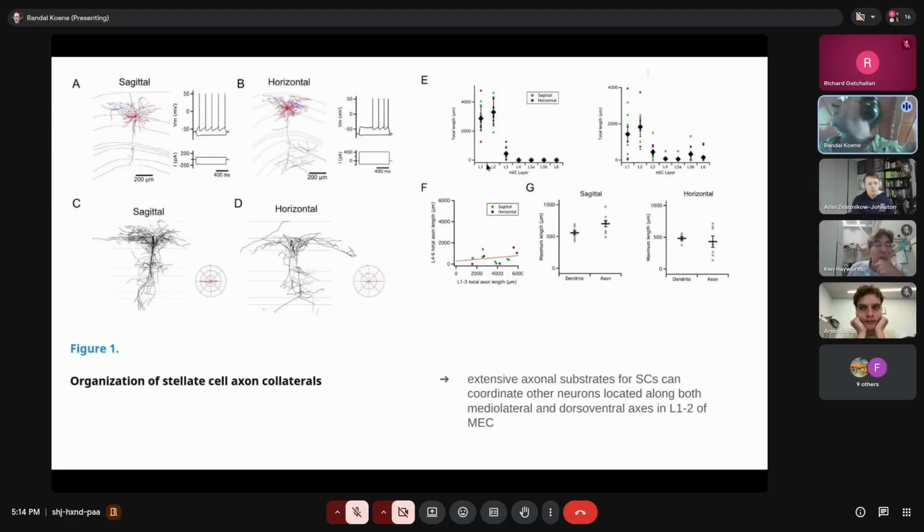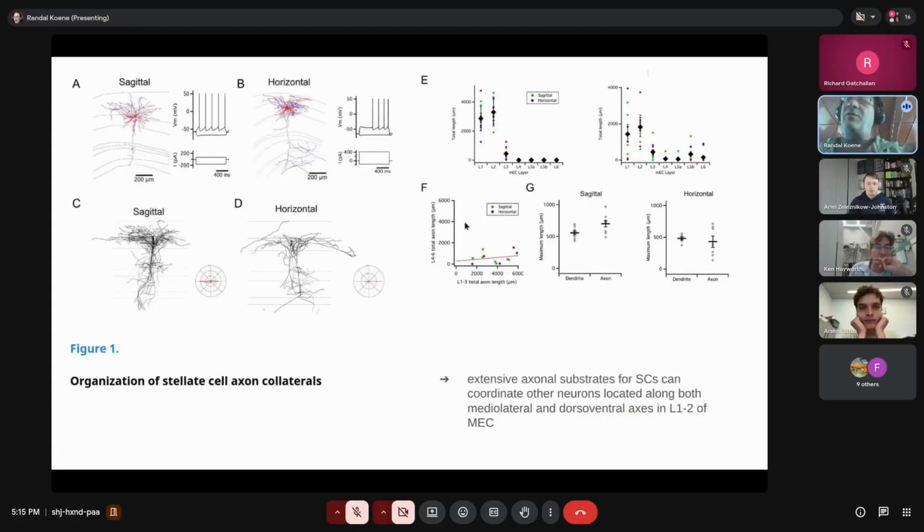In figure 1E, you've got the left and right panes here. On the left, this is the total length of axons, and on the right, total length of dendrites, and then it's plotted for each of the layers. And you can see that the distribution of the axons and dendrites is kind of similar, very much in the first 2 layers.